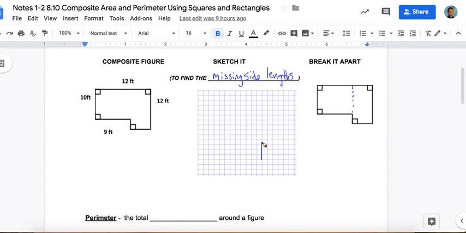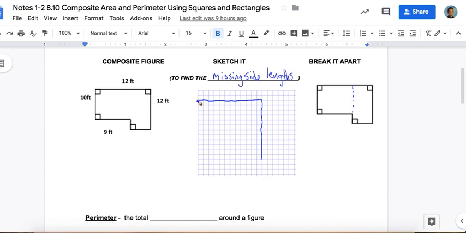1, 2, 3, 4, 5, 6, 7, 8, 9, 10, 11, 12. And then I'm going to go 12 this way. 1, 2, 3, 4, 5, 6, 7, 8, 9, 10, 11, 12.